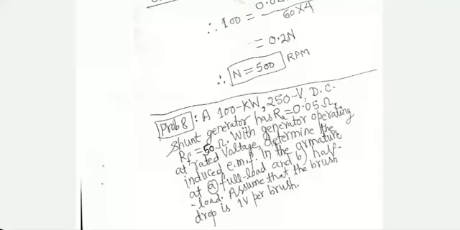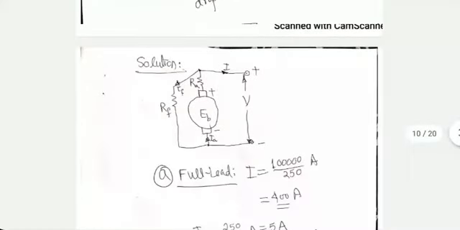You will have to include 1 volt per brush, and by default you assume that there are 2 brushes. So the total drop in armature because of brushes will be 2 volt, which will be in addition to all the other drops. Diagram has been drawn once again as a reminder.